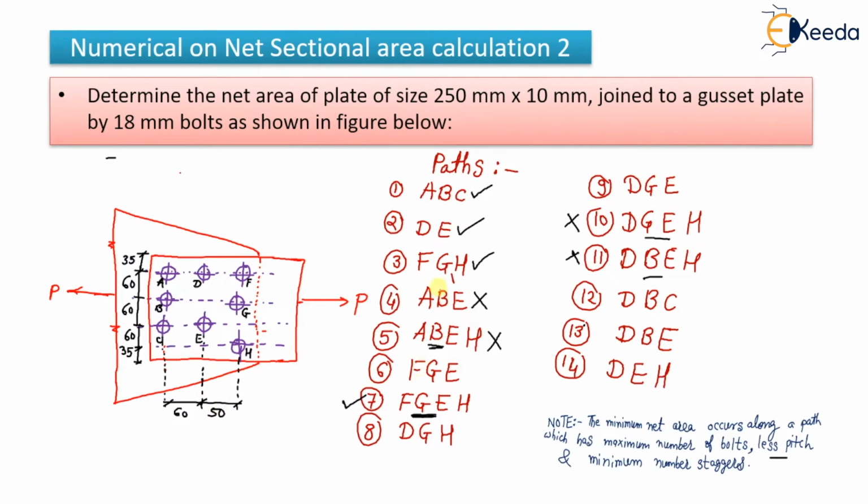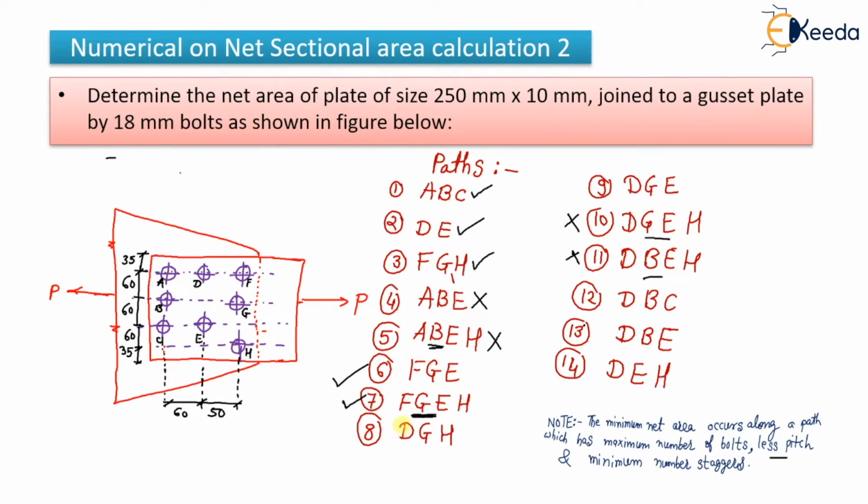So if you think we have to work on 3 number of bolts, because 4 number of bolts we have already taken, only one path is there, and the rest were cancelled because of these three criteria. But if you think I should also take the paths which have 3 number of bolts, then FGE has only one stagger and minimum pitch, so you can take this one also if you want.